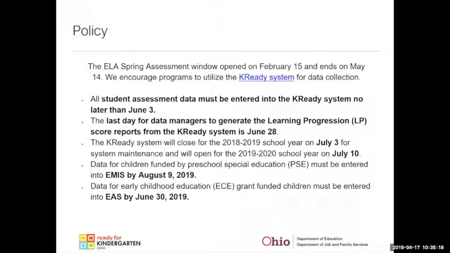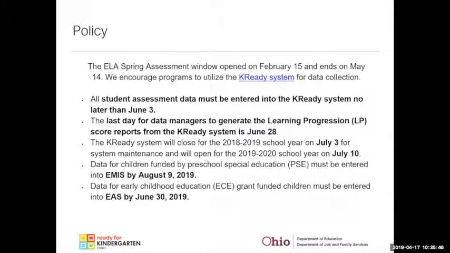Now, the two dates that you see in the next two bullets are for when the data has to be entered. So if you have preschool special education students, the data must be entered in EMIS by August 9th. If you have early childhood education grant funded children and you're entering that data into EAS, that data must be entered by June 30th.